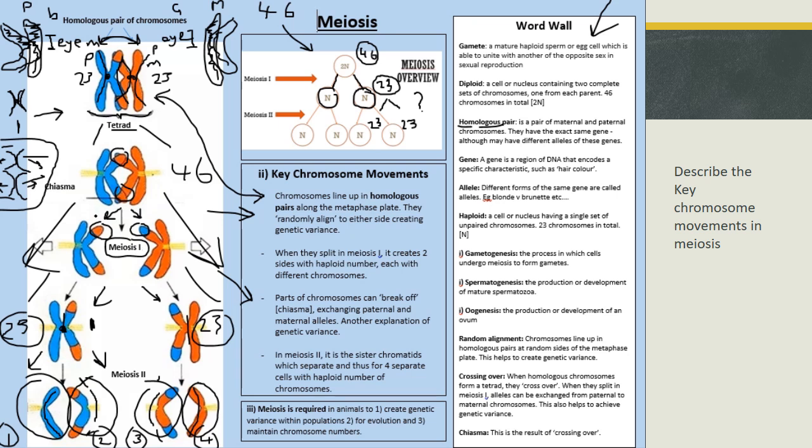But the beauty of it is that the genes here are the same genes. So let's say this is for shoe size. So this shoe size here is mum's, and her shoe size was 8, let's say. Although obviously the genes don't code exactly for shoe size, foot size, but I'm just using it as an example. And the shoe size over here from dad was a size 12, big feet.